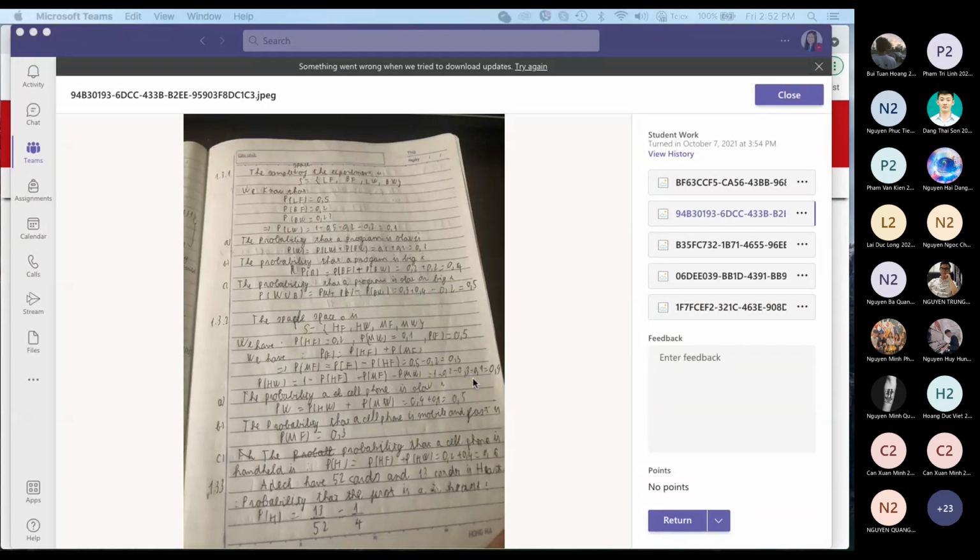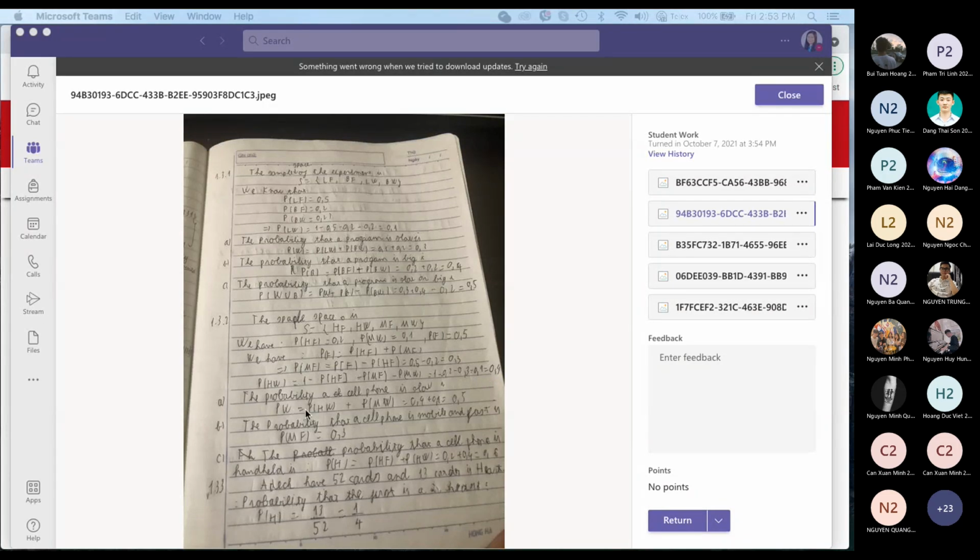So it equals 1 minus 0.2 minus 0.3 minus 0.1, so it's 0.4, right?